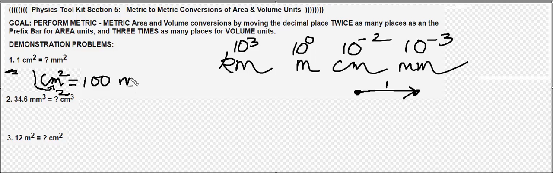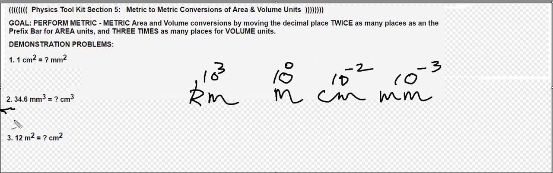100 square millimeters. Example 2: 34.6 cubic millimeters is how many cubic centimeters? We locate millimeters on the prefix bar. We locate centimeters. We see that we're going from right to left, or small to big, so the decimal place will go to the left. How many places? If it were millimeters to centimeters, that would be one place to the left.